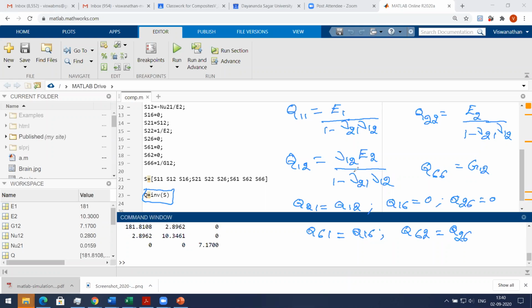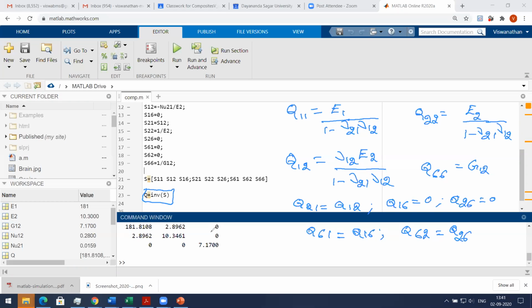Is it clear? Even with MATLAB, if you have to find only the reduced stiffness matrix, you can type these formulas and calculate. Both will give you the same result.